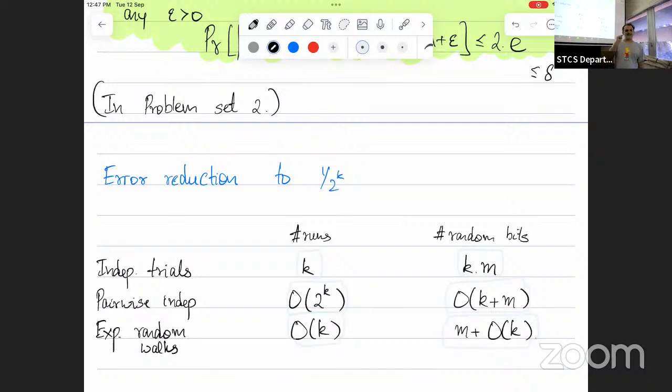This tells you that there is a way of coming up with a new algorithm that doesn't use a single additional random bit, but actually gets inverse polynomial error. In that case, you would set k to be like log n, and you can afford to brute force over order log n bits. So it's one of these things where you aren't using additional random bits, you're just running for more time. But somehow your algorithm now has a much better guarantee. So that's one of the consequences that you have here.